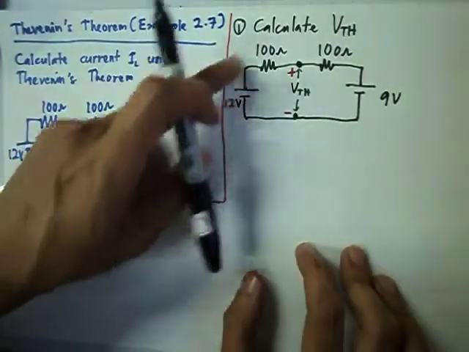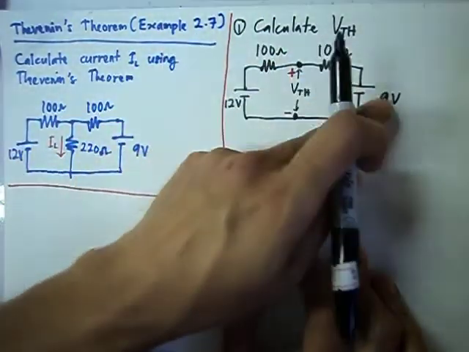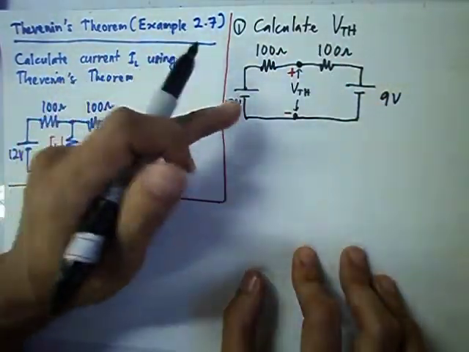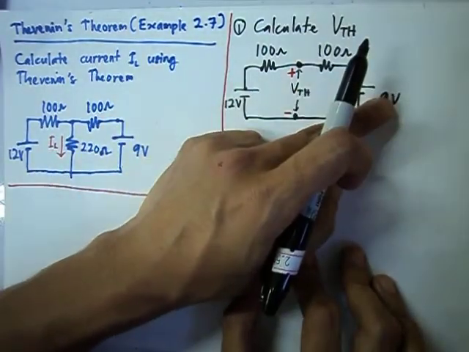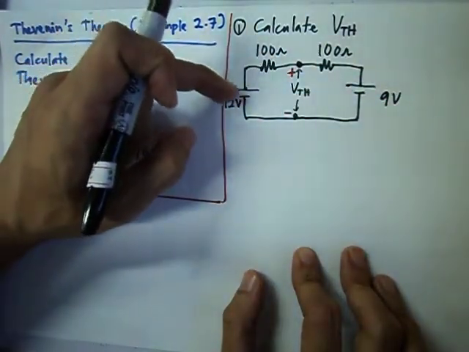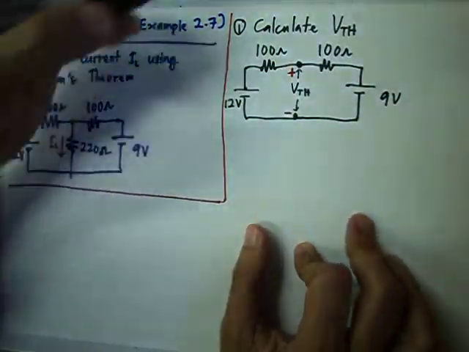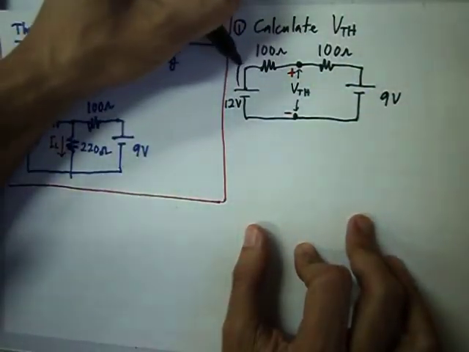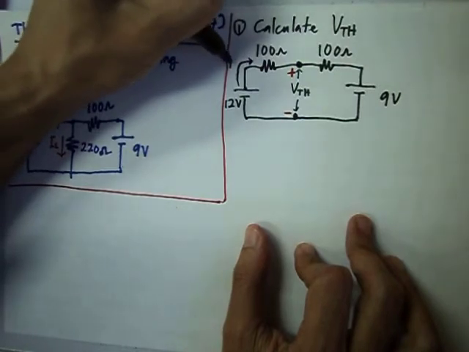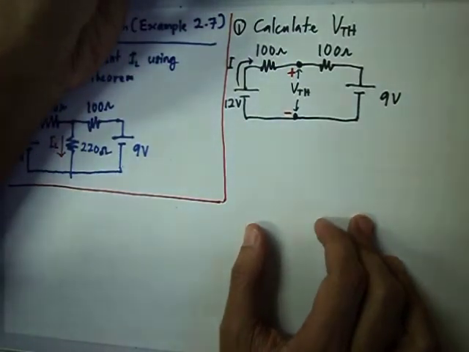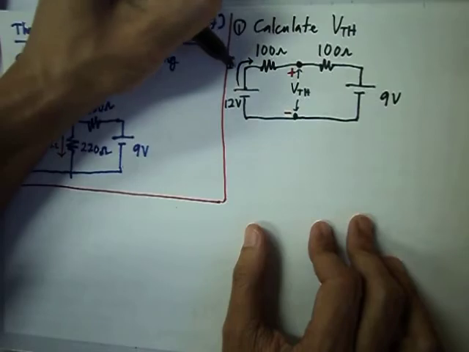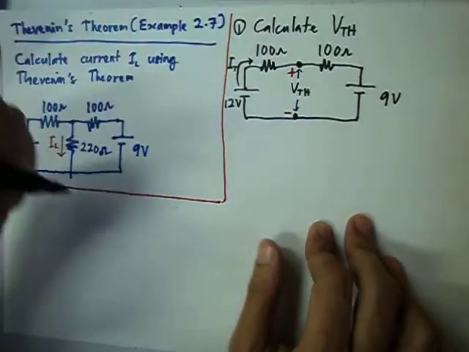The 12 volt supply is against the 9 volt, but 12 volt is greater than 9 volt, so the direction of current follows the 12 volt. Current will flow from here. Let me call this IT.